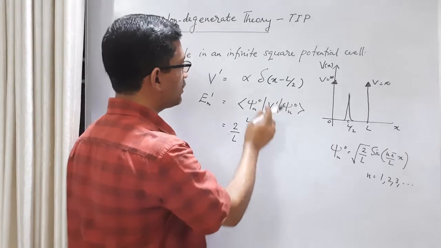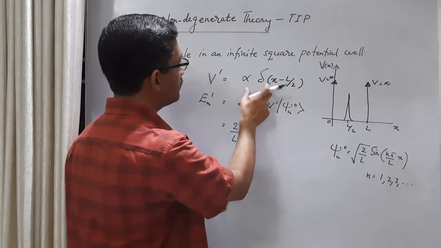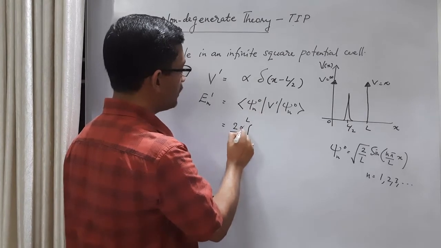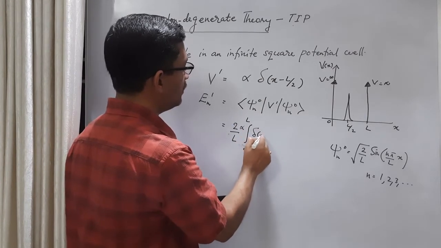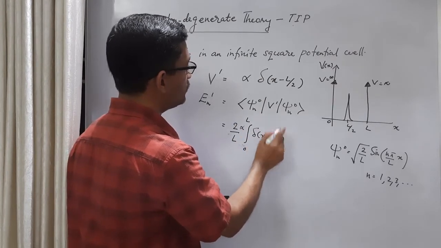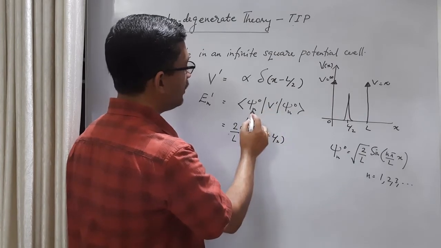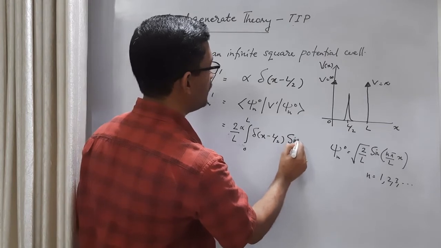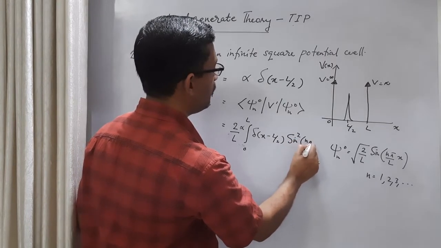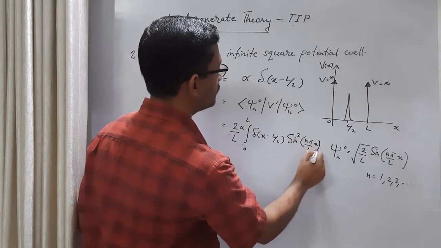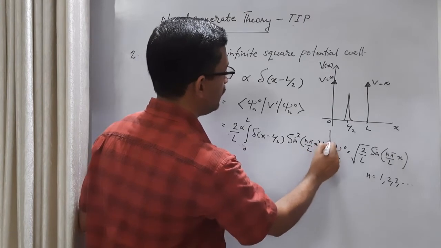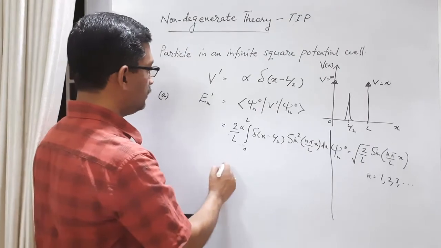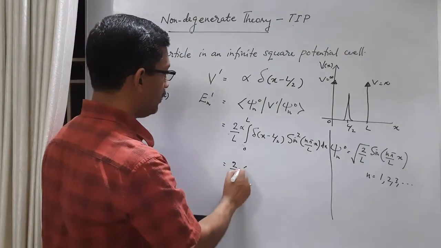There will be a sine square term, and I can put this V' also here. Alpha is a constant, so I can take it outside. So we have delta(x minus L by 2), this is our V', and combining sine function here and sine function here, we have sine square(n pi x by L) dx. That's equal to 2 by L into alpha.